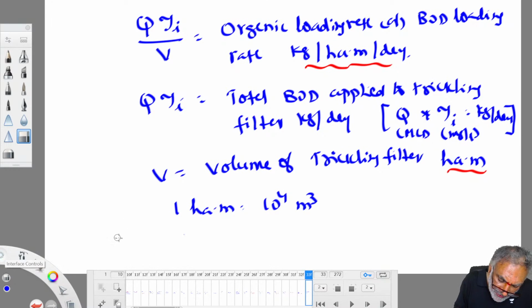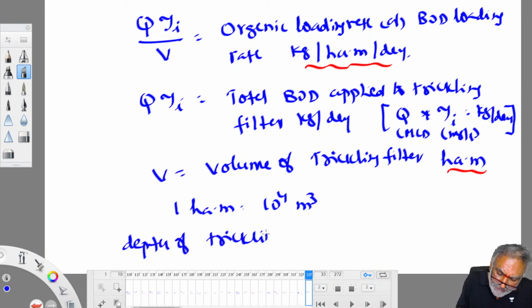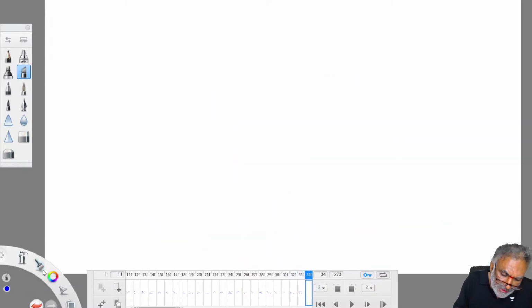So once you know the volume of trickling filter, we assume the depth of trickling filter. Depth of trickling filter we provide anywhere between 0.9 meters to 2.5 meters, right? Then you can find out the surface area of trickling filter.